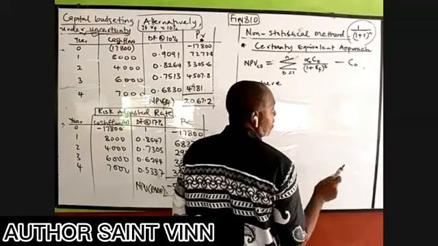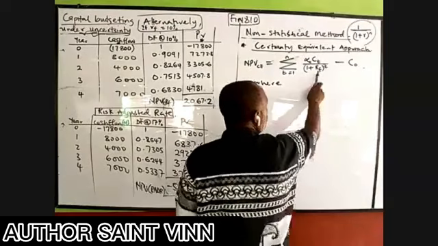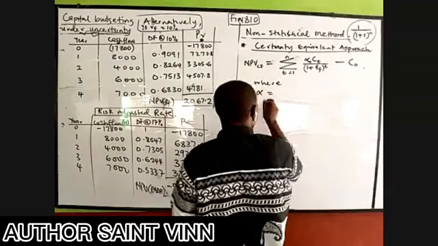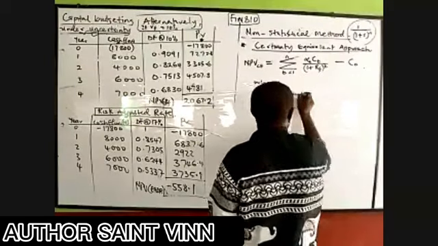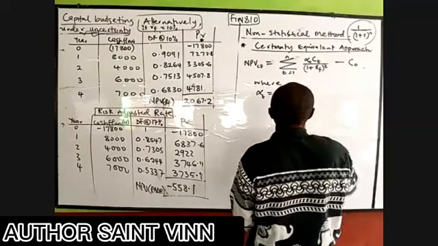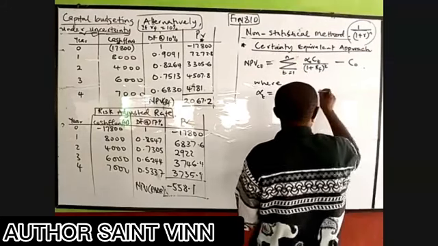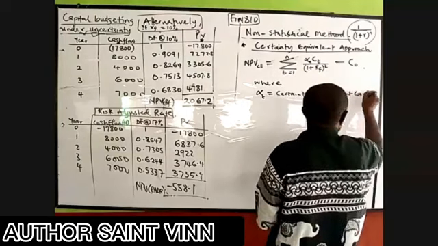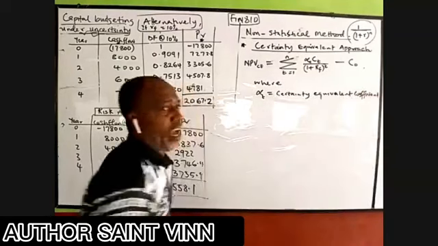Already we have defined CT, that's not my problem. We have defined CO, that's not my problem. We have defined RF, it's also not a problem. The only one is this one, which is a certainty equivalent coefficient.